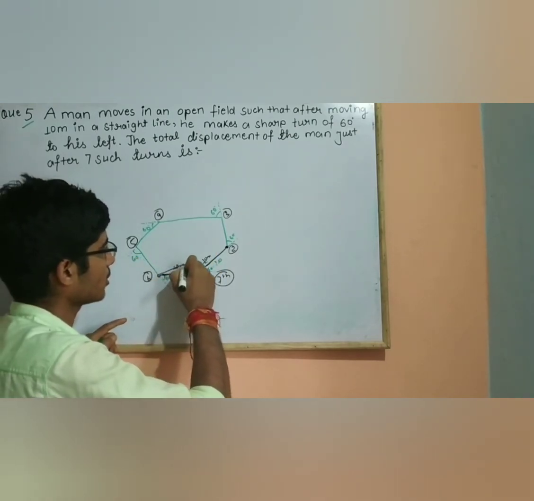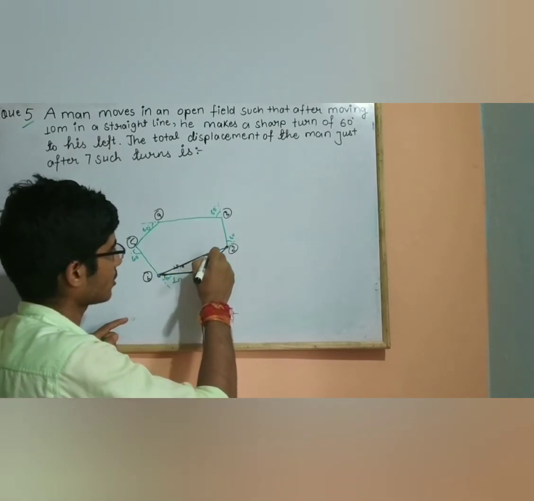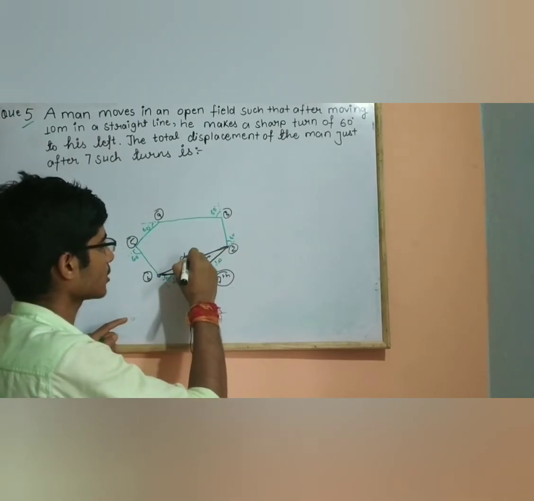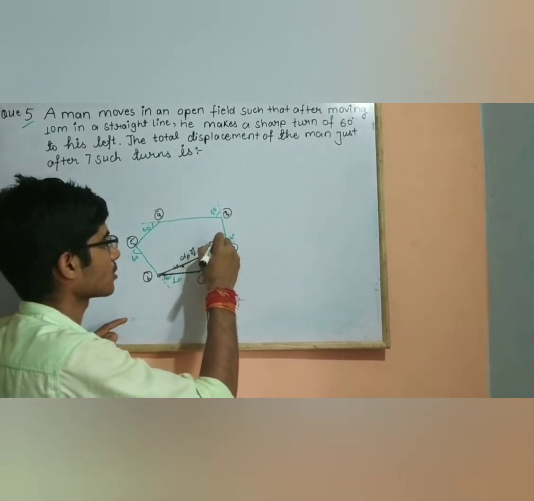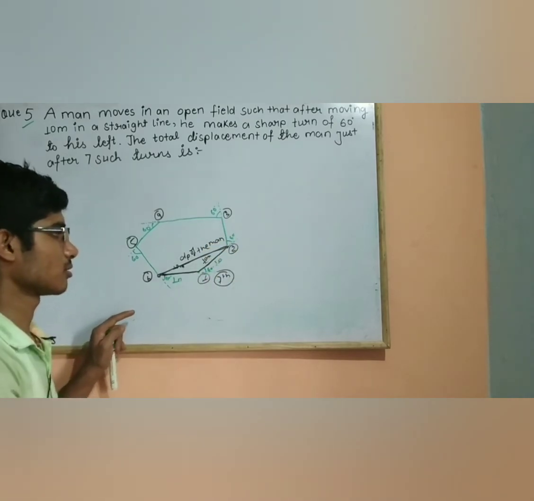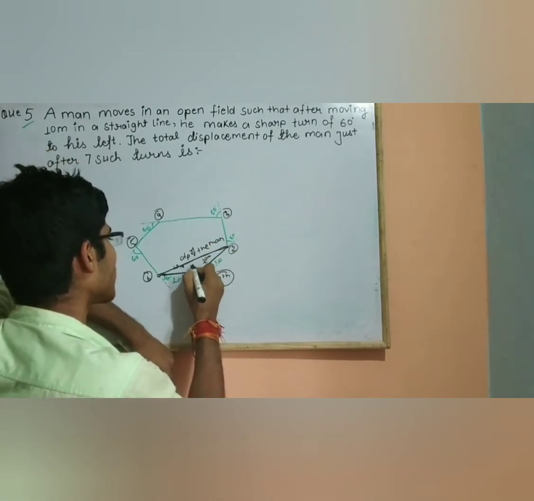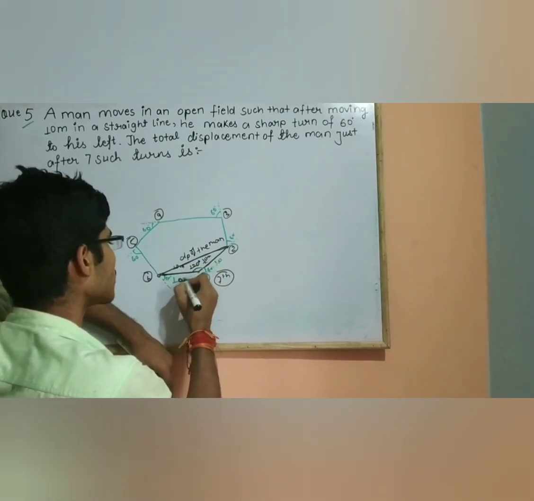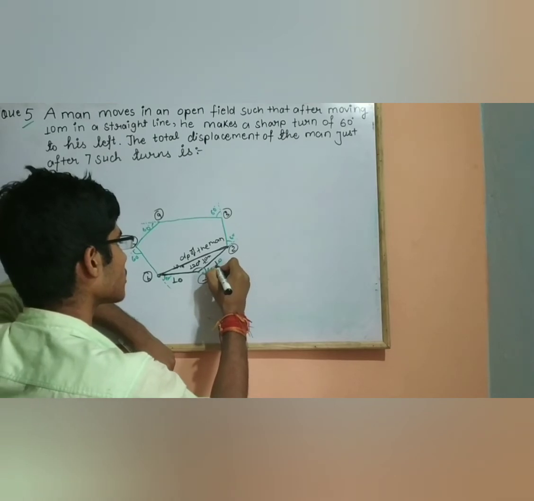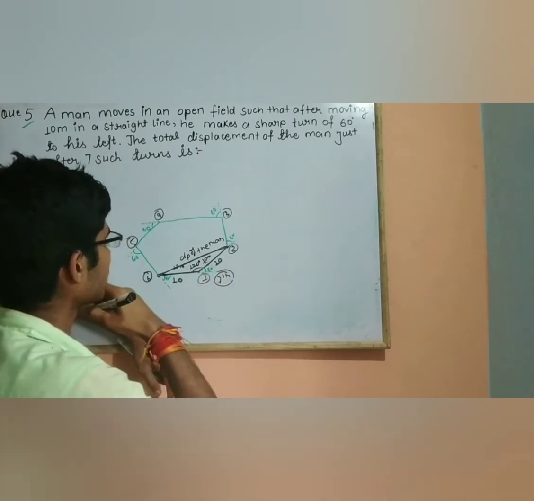So this will be the line. This is the displacement of the man. So here we have 120 degrees, and this is 10 meters, and this is 10 meters.